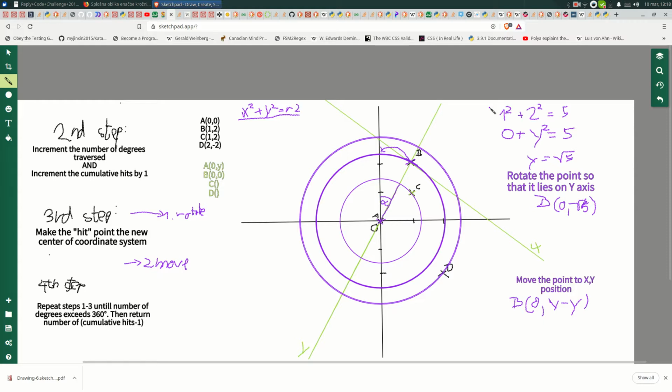I know what you mean. So if we just rotate it, then I guess we must also, for the same angle, rotate, for example, this C point. How do we do that?